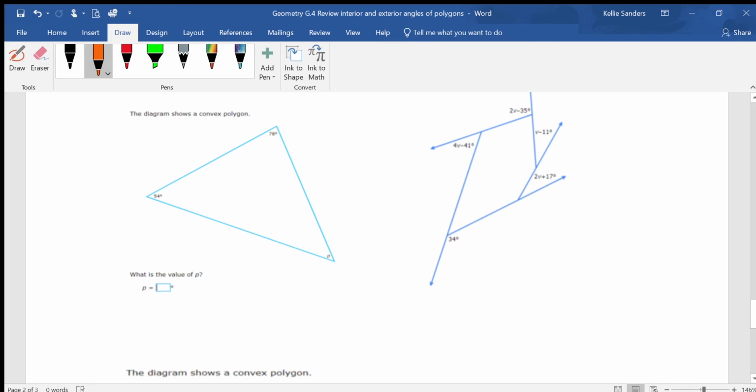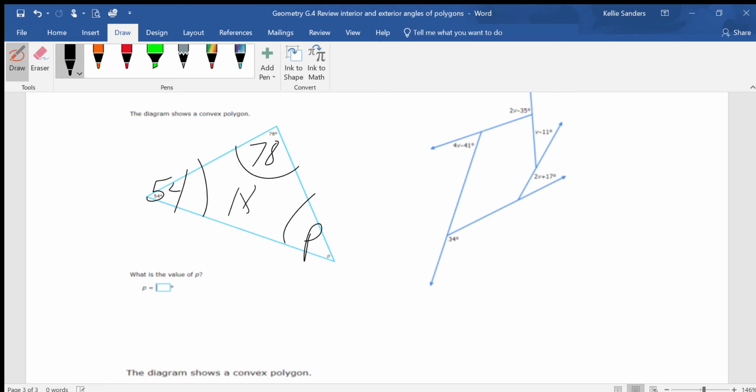Ooh, I cannot read those. Let's see if I can make it. We'll say this is 54, this is 78, and this is P. Hopefully I got those right. So interior, so it's a triangle. It adds up to be 180 on the inside. So 54 plus 78 plus P equals 180.